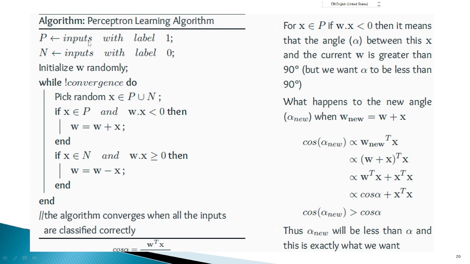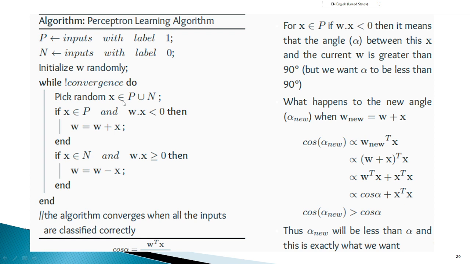P are the inputs with label 1, the inputs which produce the output 1, and N are the inputs which produce the output 0. Initialize W randomly.